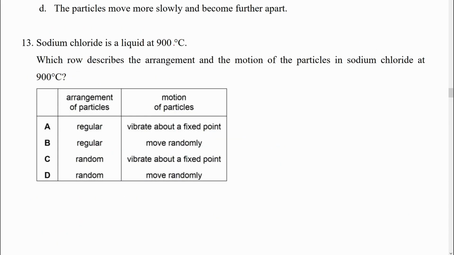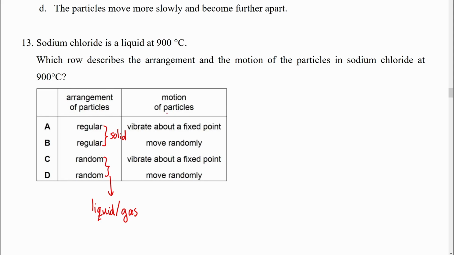Question 13. Sodium chloride is a liquid at 900 degrees Celsius. Which row describes the arrangement and the motion of the particles in sodium chloride at 900 degrees Celsius? Okay, so for the arrangement of particles here, we have regular and random. Remember, if the arrangement of particles is regular, then it is a solid state, while random can be liquid or gas.